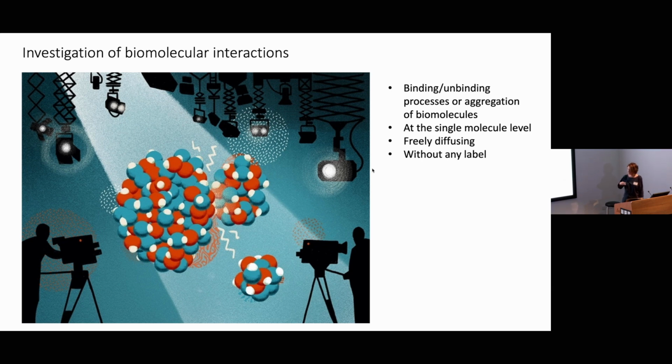And just by tracking of the individual biomolecules, I believe that we have this unique tool where we can basically just watch the biomolecules bind and unbind at a single molecule level, freely diffusing without any label, basically without any functionalization of the surfaces that is needed when you use conventional techniques like SPR.